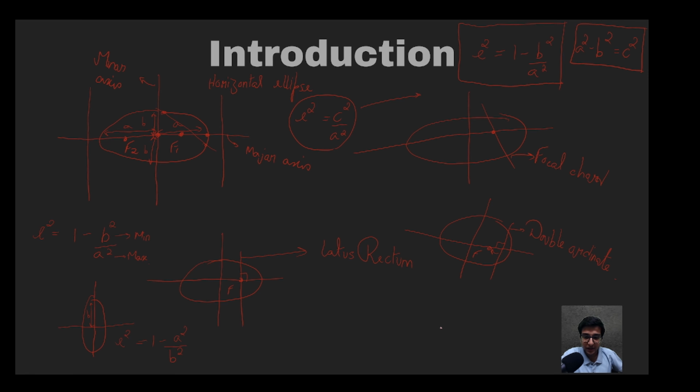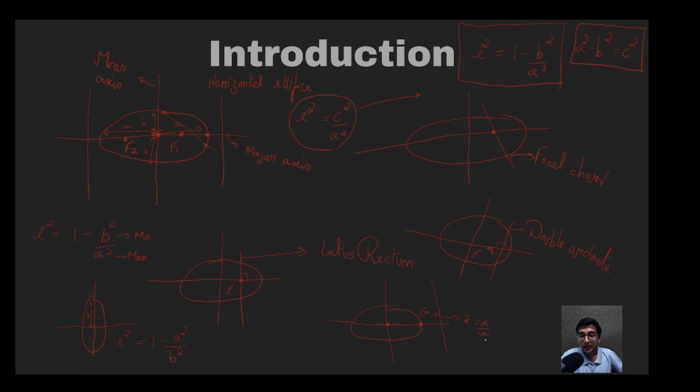Now let me give you one more important point about an ellipse. Let's say this is a standard ellipse and this is our point (0, 0). So this would become (A, 0), and our directrix would lie at x equals A by E. I hope you all understand that E is less than 1.